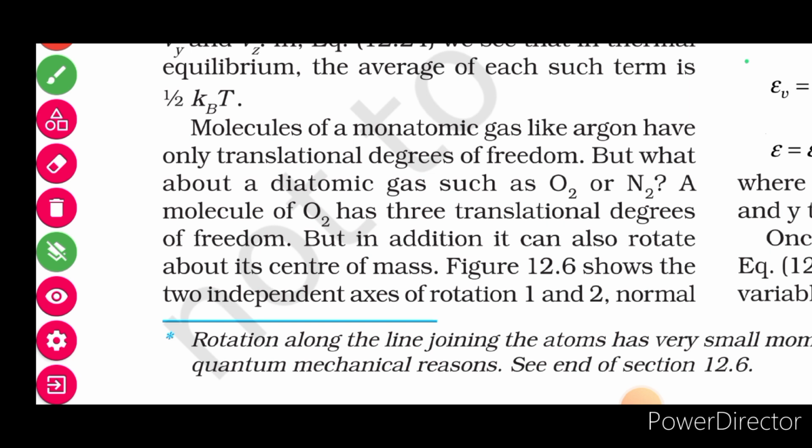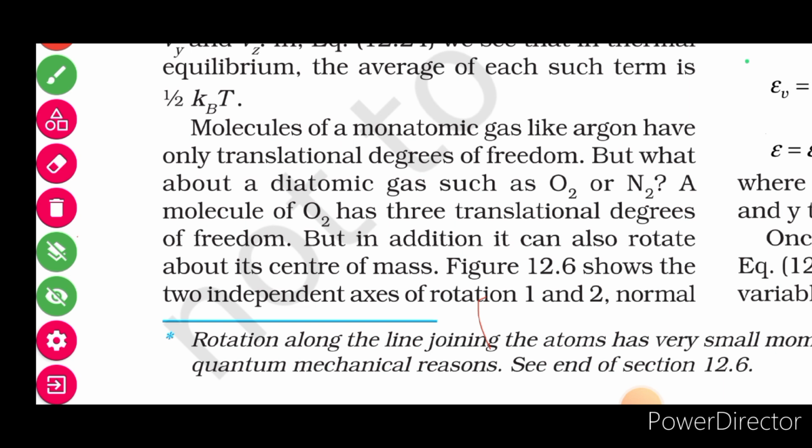Molecules of a monoatomic gas like argon have only translational degrees of freedom. Monoatomic means a single atom, as I told you in the beginning of the explanation. But what about a diatomic gas such as O2 or N2? A molecule of O2 has 3 translational degrees of freedom.